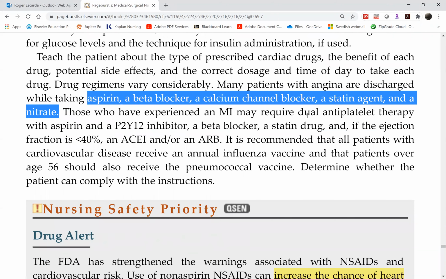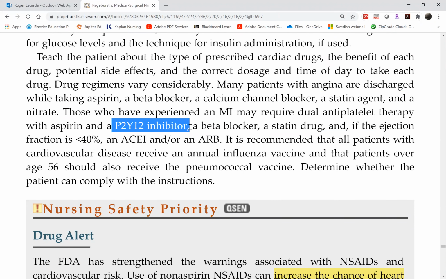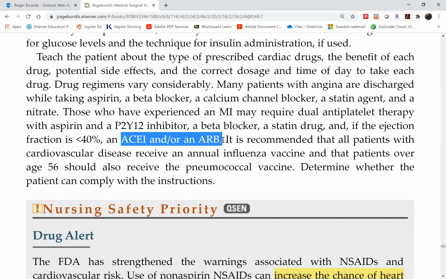And here's the Plavix or clopidogrel, and here are the rest of the drugs: ACE inhibitors and or ARB. And Entresto, you're familiar with it, right? You have an ACE inhibitor and an ARB in Entresto.